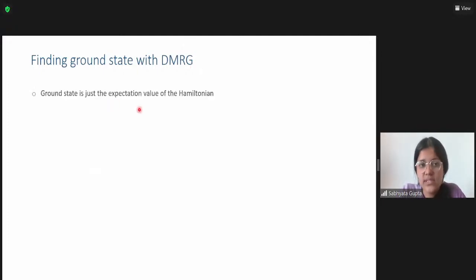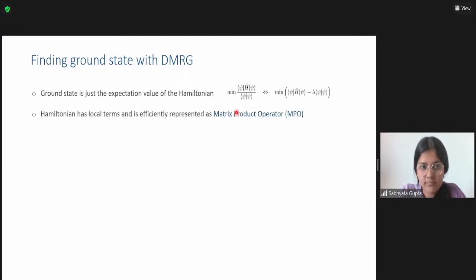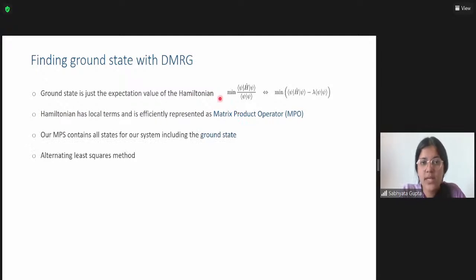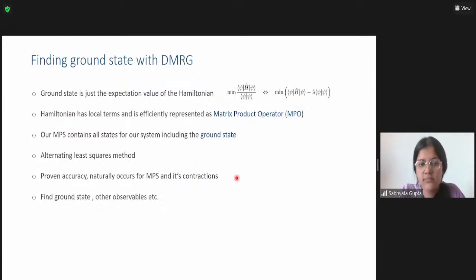If you can recall, the ground state is found from the expectation value of the Hamiltonian, and it can be variationally found out as well. A Hamiltonian which has local terms can be effectively represented with matrix product operators. The DMRG method makes use of the alternating least squares method to optimally find the ground state. And it is proven to be accurate for all the matrix product state calculations and its contractions in general.